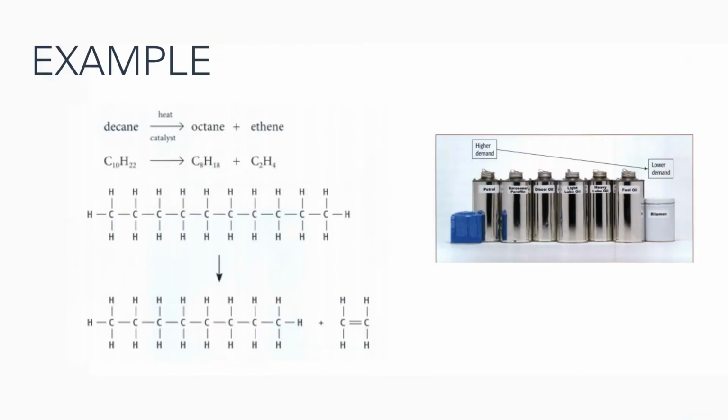For example, here we have decane, C10H22. In catalytic cracking it produces octane and ethene, C8H18 and C2H4.